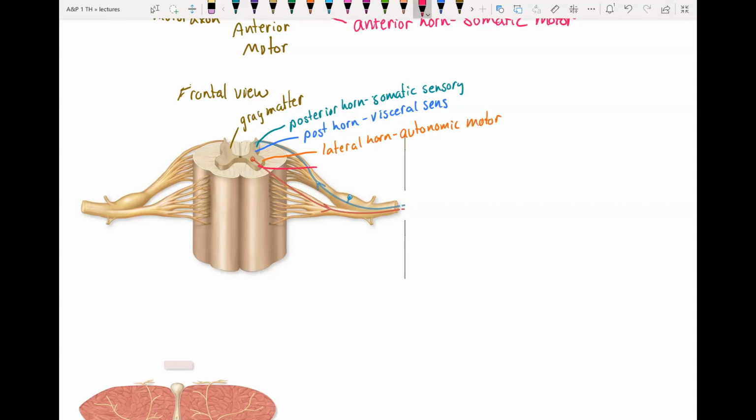And here is anterior horn with somatic motor. Then here is your anterior root. Here's your posterior root. Here's that posterior root ganglion. And then this part is your spinal nerve.